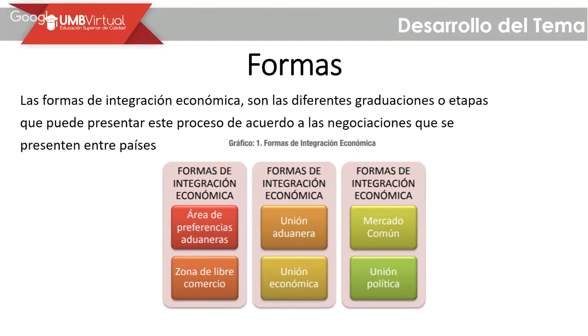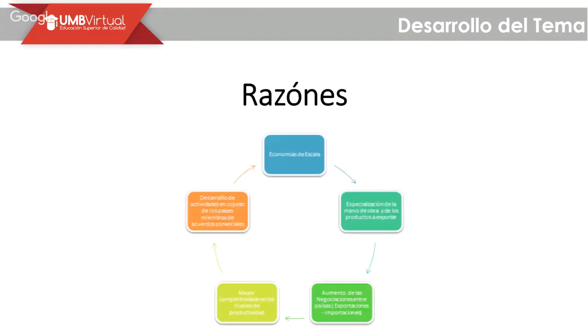The reason why this integration has to be made is the following. First, economies of scale, as we can see here in our image. The economies of scale are in search of a broad and competitive market to increase production levels and reduce their costs in the face of competition.